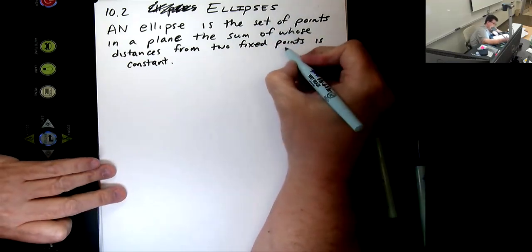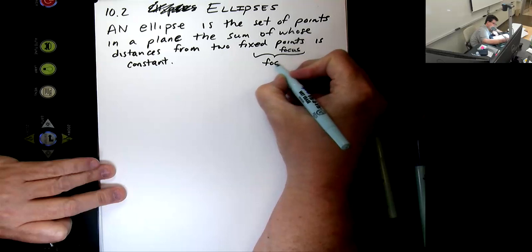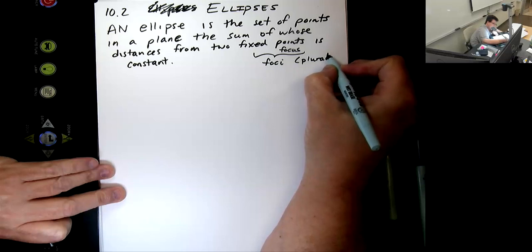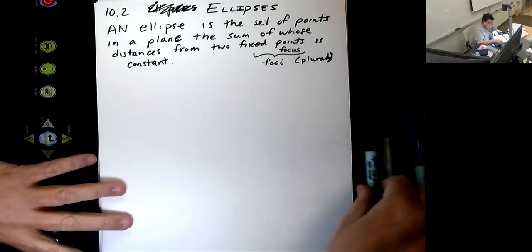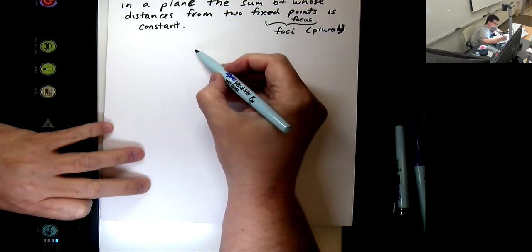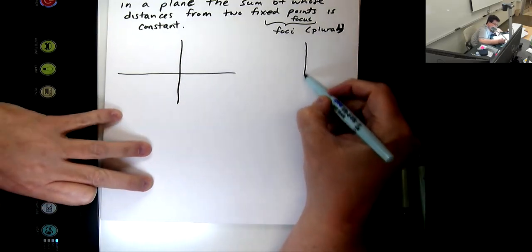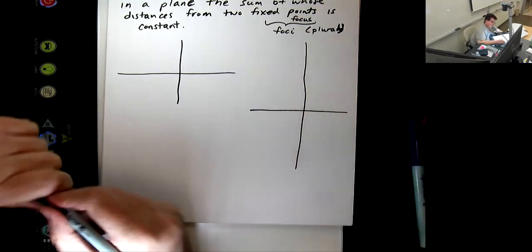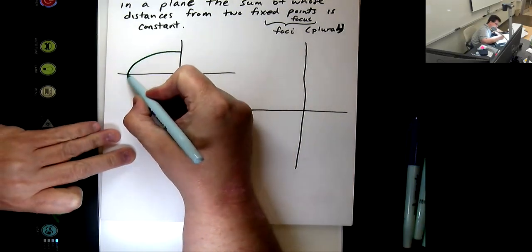Each one of these is a focus point. The plural of focus is foci. That's the plural. So we have a couple ways this goes. We can have a wide ellipse.